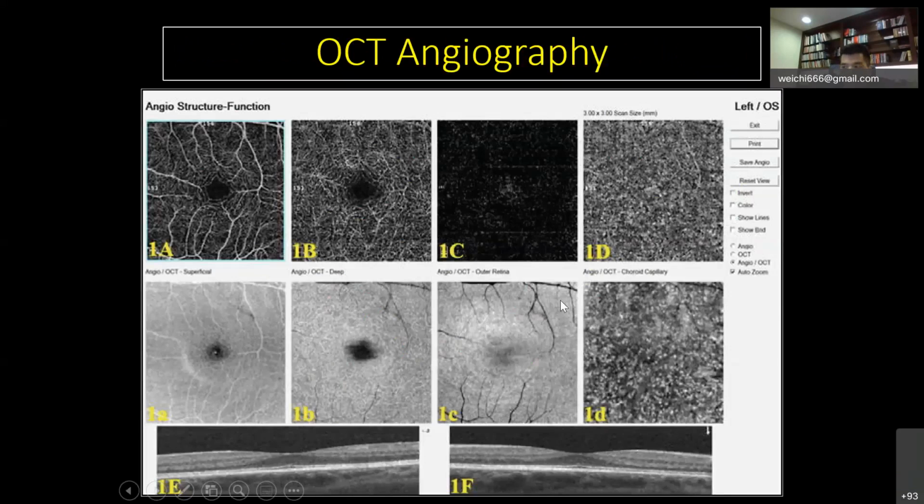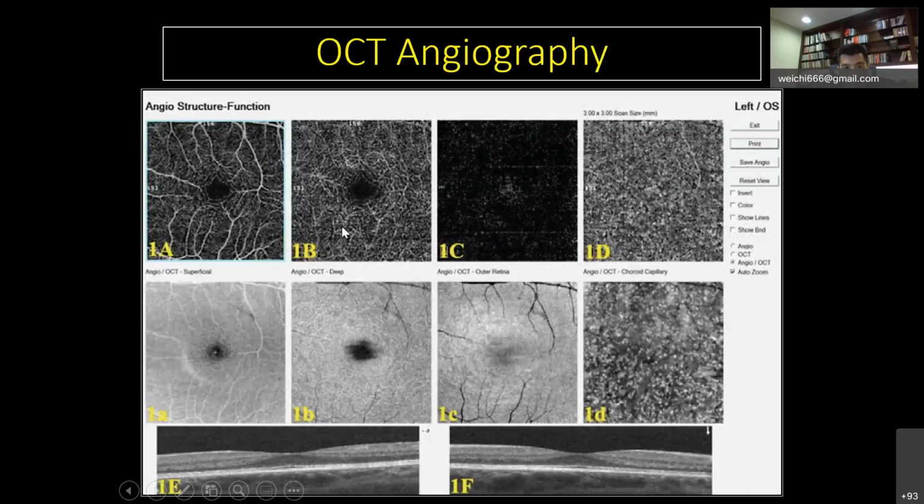And with further advancement of the OCT technology, right now we have the OCT angiography machine. It could give you information not only on the retina anatomy, but also on the retina vasculature. So you could see the vessels here, and you could see that in the center of the fovea, there is no vessel.